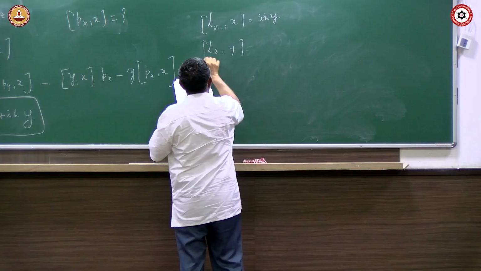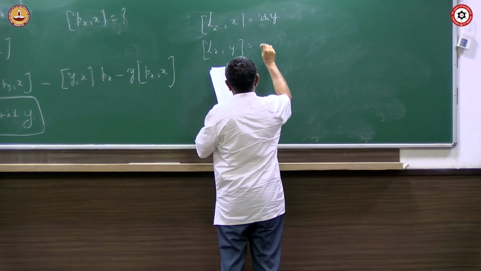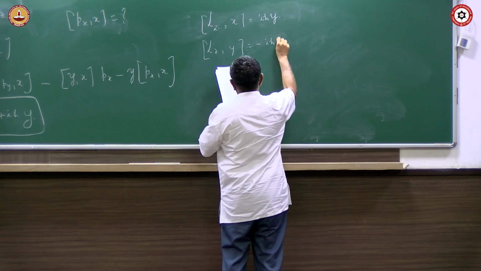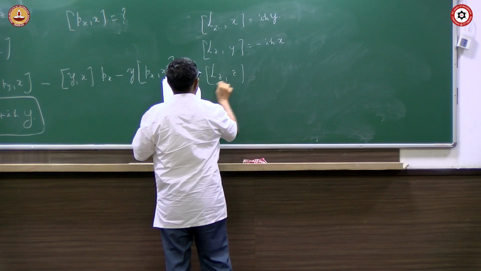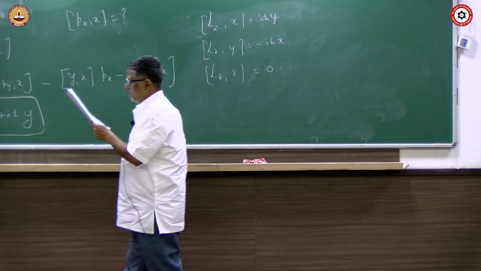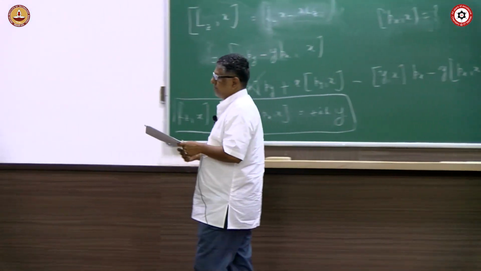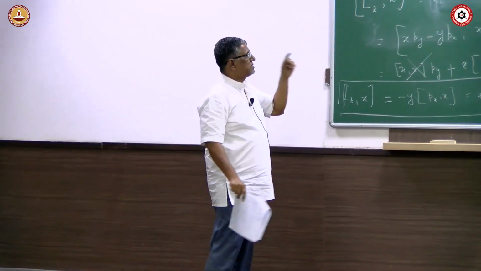[Lz, y] equal to minus iħ x, [Lz, z] equal to 0. So, you can generalize these commutators.